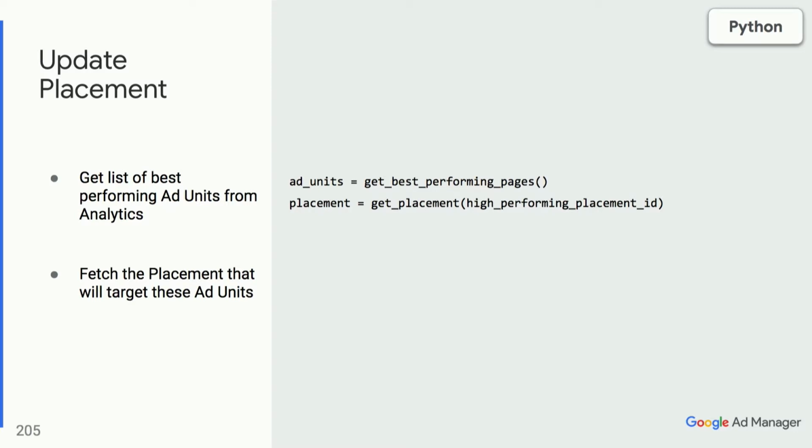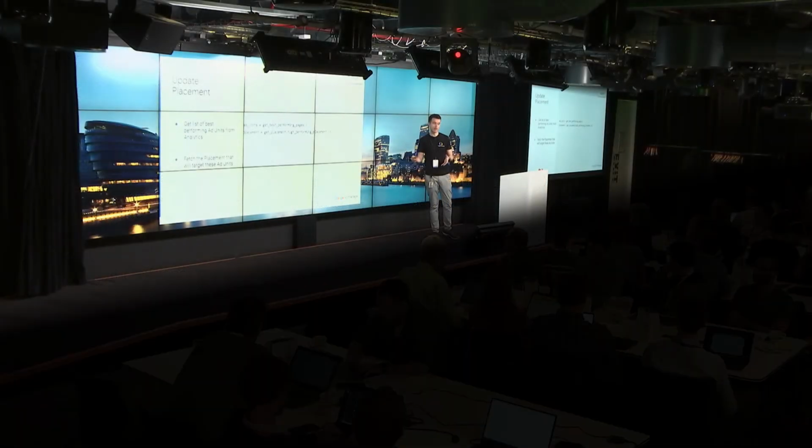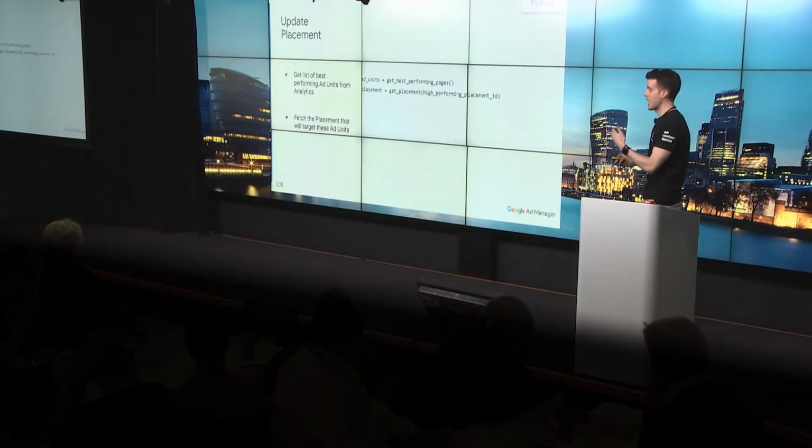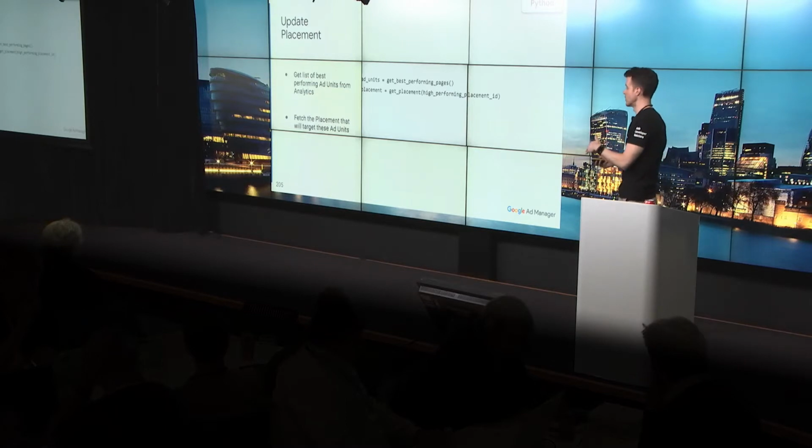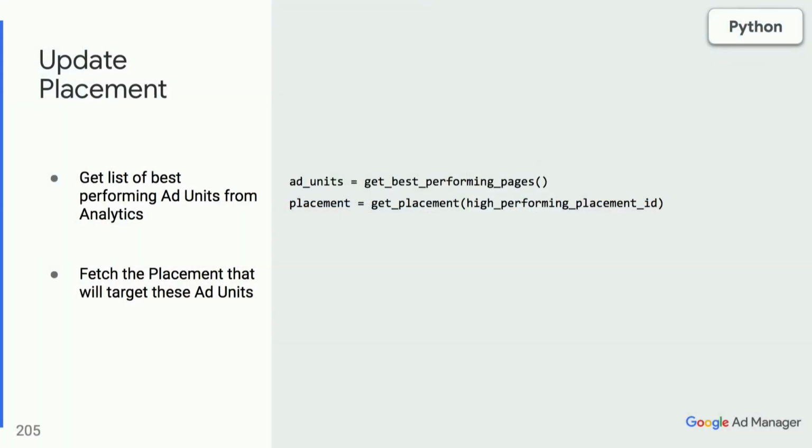So first, we have some placement created in our network that's going to represent the collection of high-performing ad units. And that's the one that we need to keep updated. Again, I've abstracted the Ad Manager logic here, but there's an exact example in all of our client libraries that will show you how to get a placement, which I've also included in the resources slide.